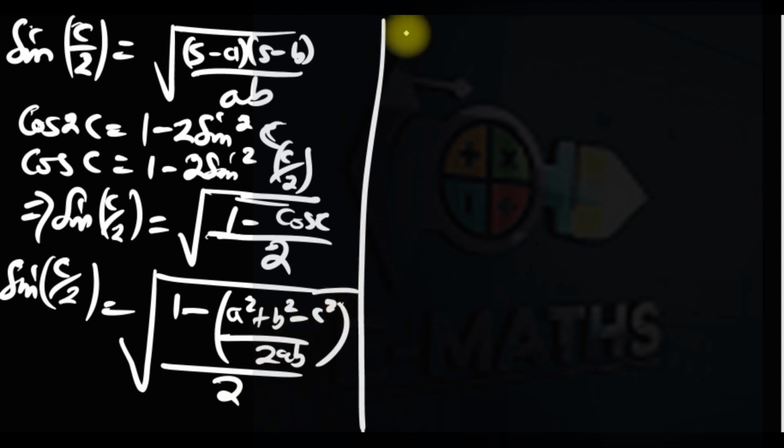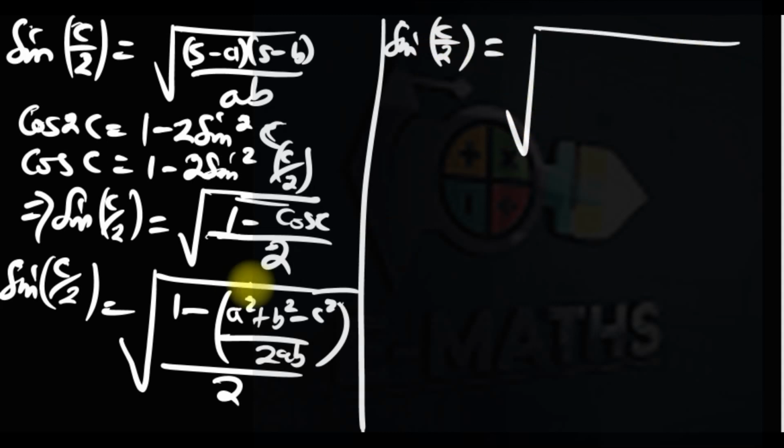We'll continue. This is equal to square root of the LCM. So I have 2ab, and 1 is over 1. So we have 2ab minus, multiplies all through. I will start with this, since this is negative.